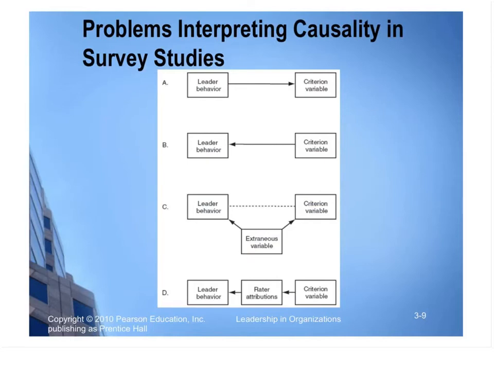So as you can see here, we are basically trying to understand the causality in survey studies. We want to see if A leads to B. Let's say if leader behavior leads into the variable. So as you can see here, there was a relationship between leader behavior and our variables, which was the turnover of the employees.